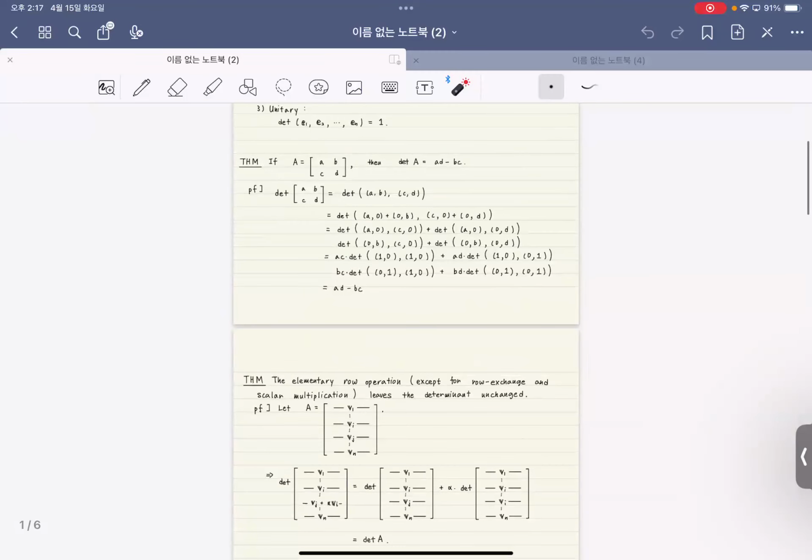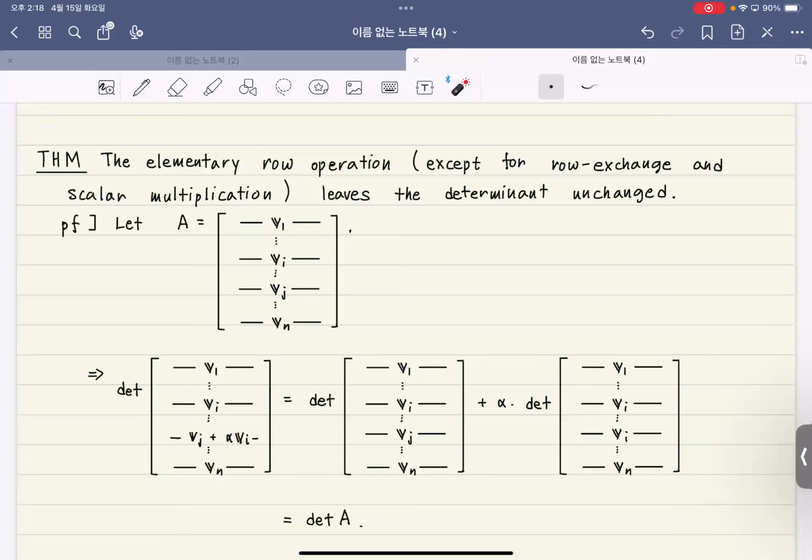Except for the row exchange and scalar multiplication, that just leaves us one elementary row operation: multiply a scalar to one row vector and add it to another. It leaves the determinant unchanged. Let me check this.